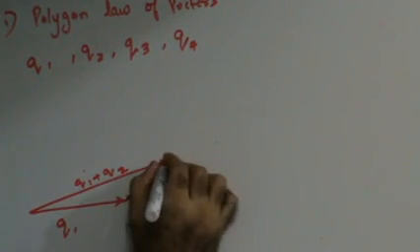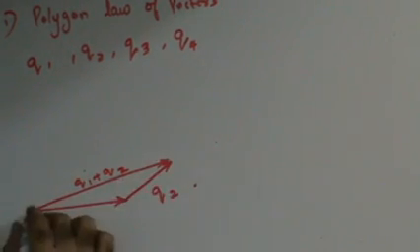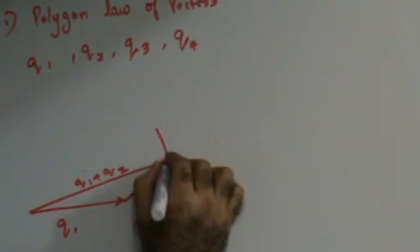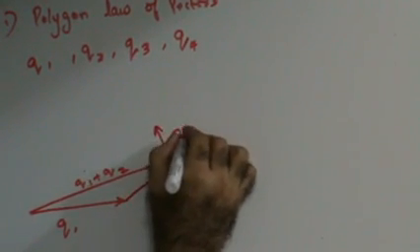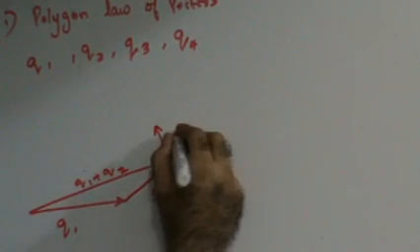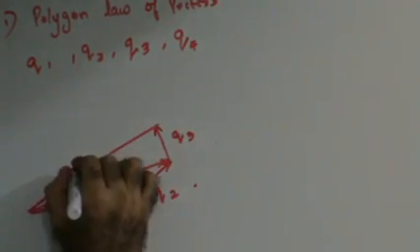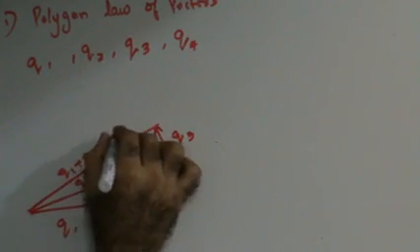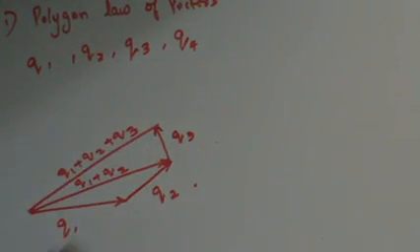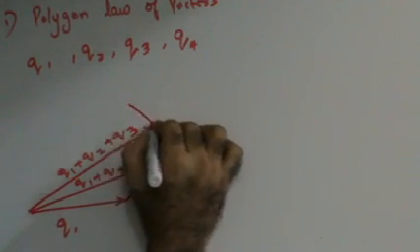Now to the end point of q1 plus q2, connect q3. Join this. This will be q1 plus q2 plus q3. To the end point of this, connect q4.